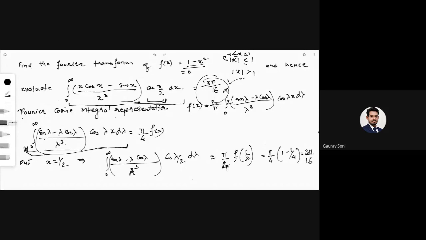At the place of lambda, it is x, right? An extra variable in this is this. But if you compare these two terms, what do we observe? In one you have cos x by 2, and here you have lambda x. So in order to make them same, as I want the value of this expression, I put x is equal to half, so that these two equations will look identical. Am I clear? Okay, sir.